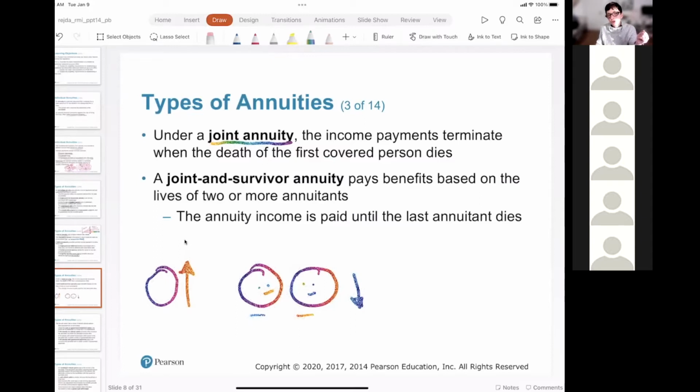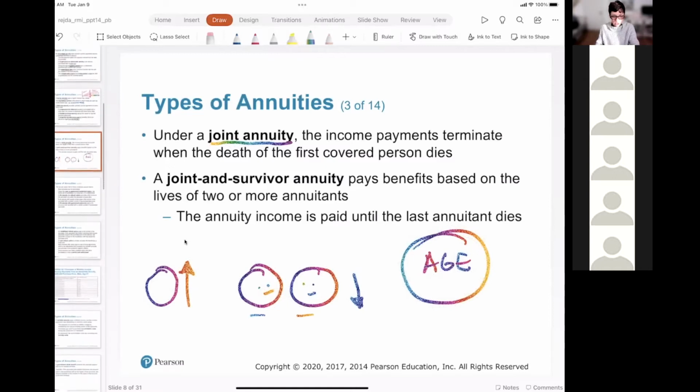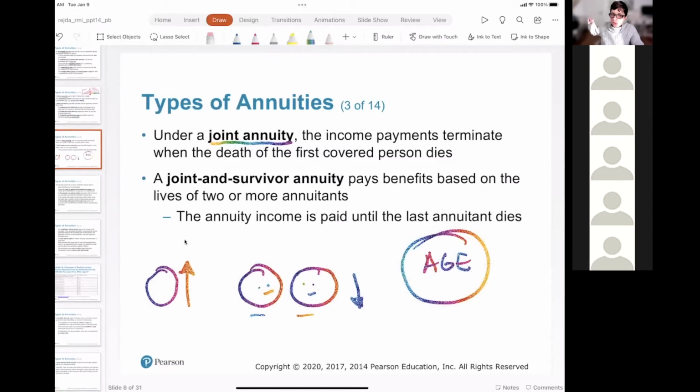And what we do underwrite for, we don't care about health, but what we care desperately about is age. Age is a huge factor in determining how much income the insurance company is going to give you, because it's all about longevity and living too long. And if you're 40 when you buy the annuity, there's a chance, I mean, if they'll even sell you an annuity at age 40, because they're guaranteeing you income forever.